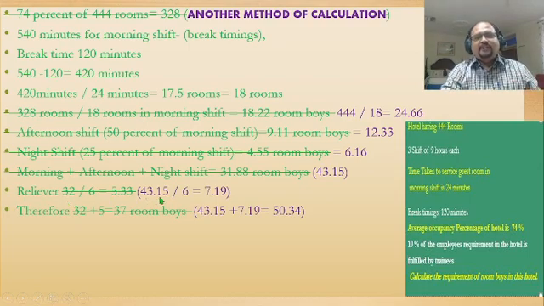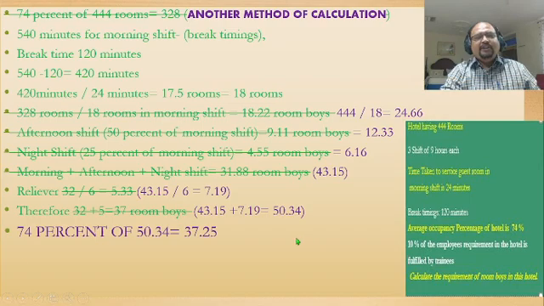So if it is 43.15 and we divide it by 6, we get 7.19 room boys. Therefore total number of room boys, from the 3 shifts plus the reliever, 43.15 plus 7.15, comes to 50.34, and this is for 100% occupancy based on the given conditions and situations.